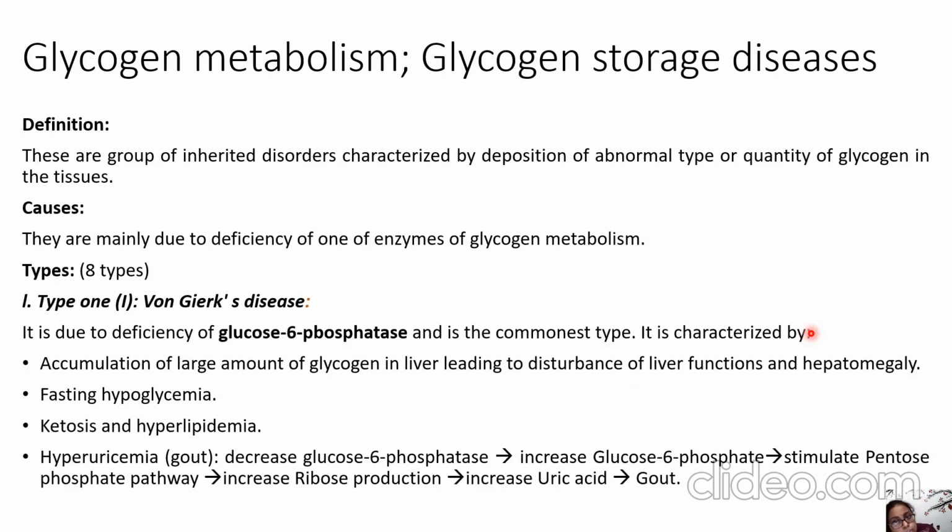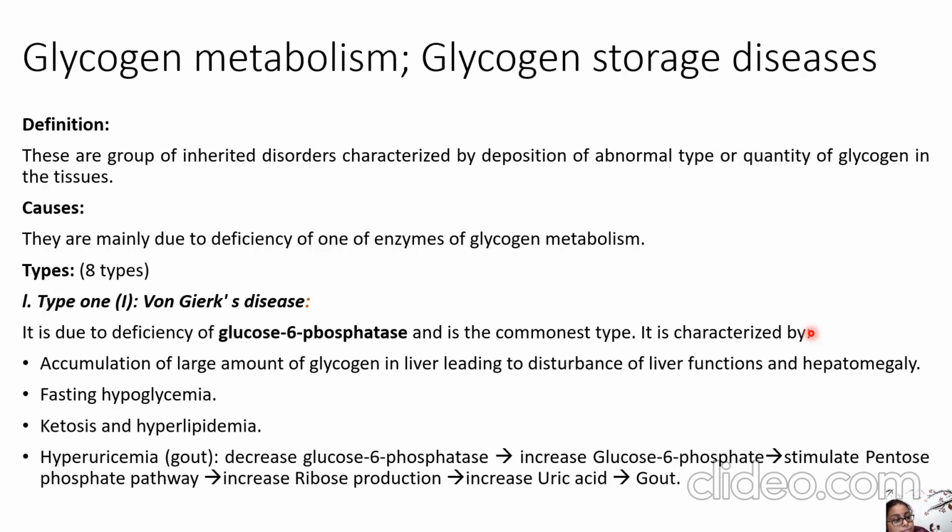Now, what is glycogen metabolism and glycogen storage diseases? These are a group of inherited disorders characterized by deposition of abnormal type or quantity of glycogen in the tissues. They are mainly due to deficiency of one or many enzymes of glycogen metabolism. Type 1 can be von Gierke's disease.